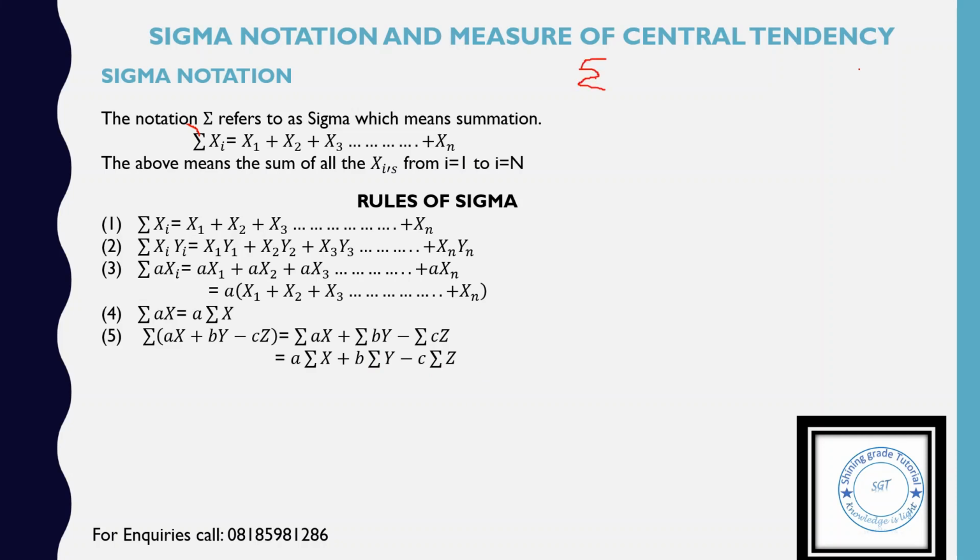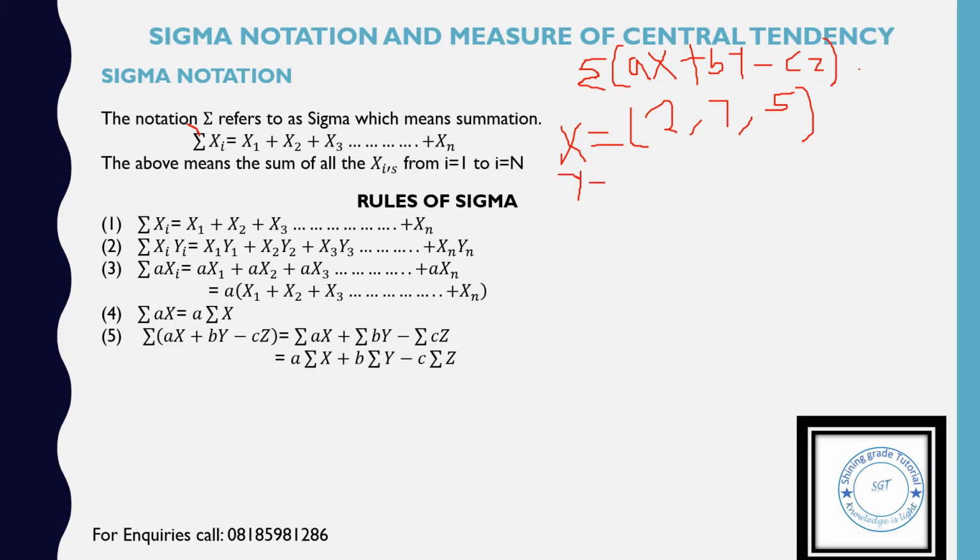Let's say we have a sigma notation that specifies ax plus by minus cz. The x values are 2, 7, and 5, according to the rule. The y values are 8, 5, 2, and 4.